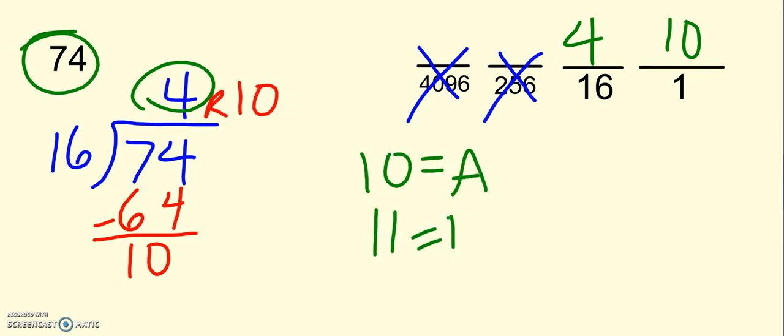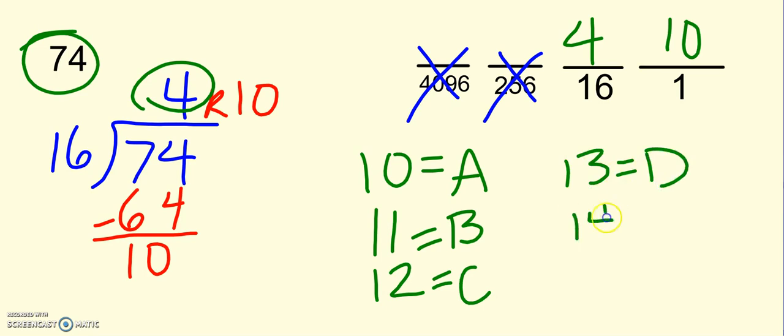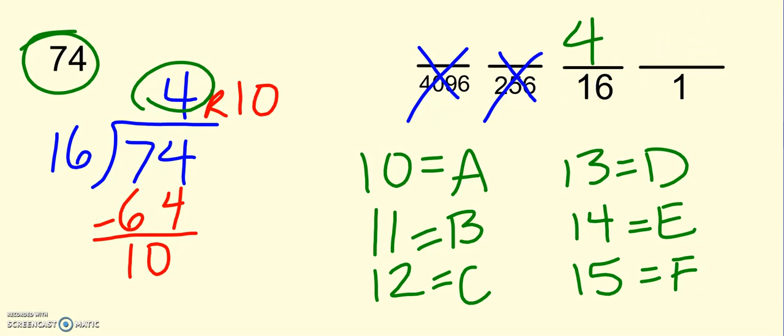So 11 would be B, 12 would be C, 13 would be D, 14 E, and 15 would be F. The reason why there's not 16 is, remember, we count 0 to 15, and then the 16th place is the next place value. So instead of writing 10, we are going to write A. So the number 74 in hexadecimal will be 4A.